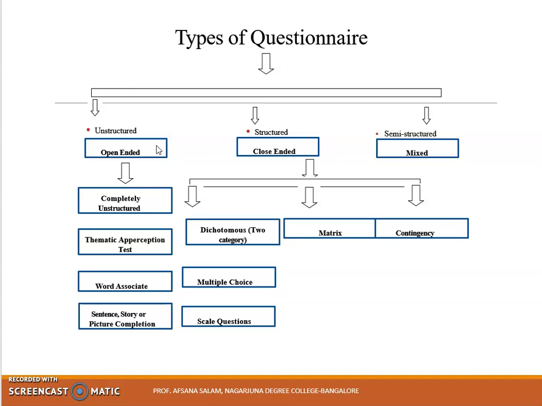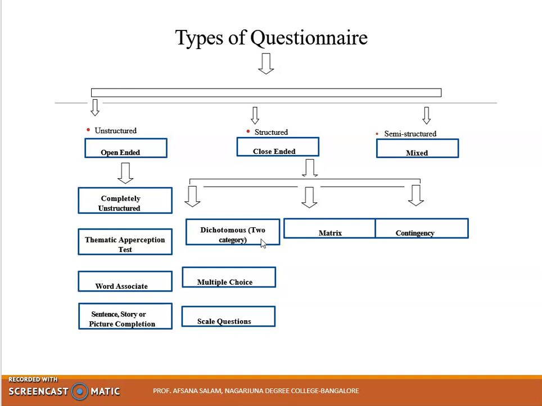Next is close-ended, which has some structure. First, there are two categories: yes or no, true or false questions, which are close-ended.